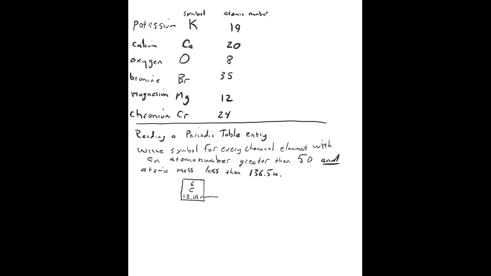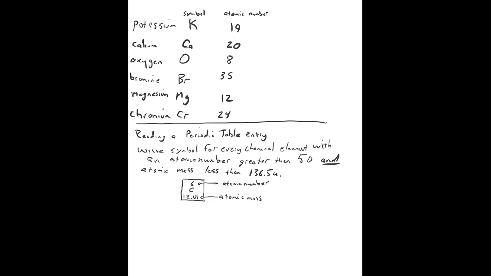Okay, that's the atomic mass down there. This up here is the atomic number. The atomic number is the number of protons. So it's not a mass, it's just counting how many of these little particles are in one atom. So every carbon atom has 6 protons.